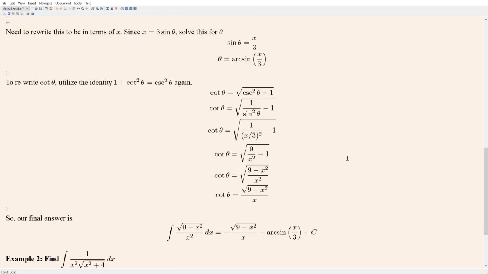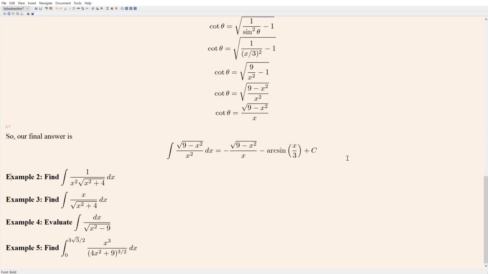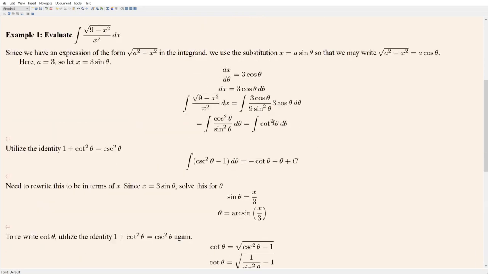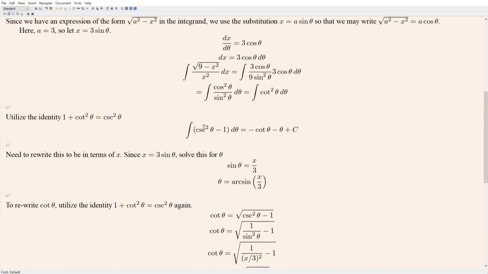I mean, we are at the point now where you certainly need to have all of the trig identities, certainly the Pythagorean identities, well known, because these are coming up constantly. And also, I wouldn't blame you if you don't remember that the antiderivative of cosecant squared is minus cotangent.